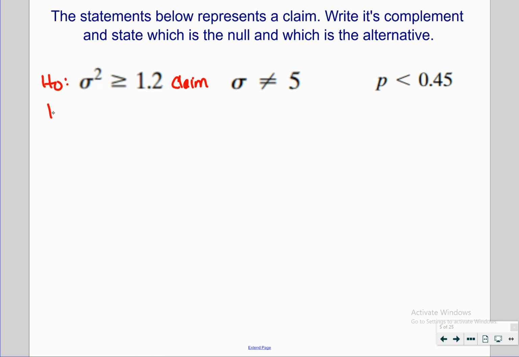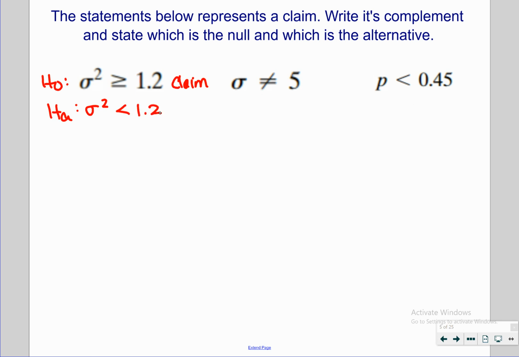Okay. The alternative then, we need to write is the complement of that. So the complement of something being greater than or equal to 1.2 is that my variance would be what? What's everything else? Less than 1.2.